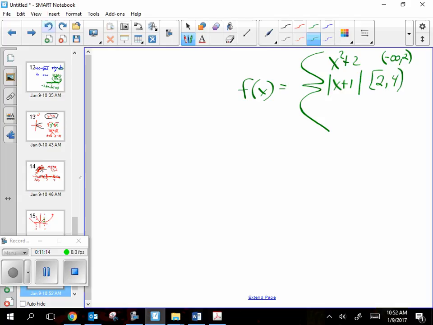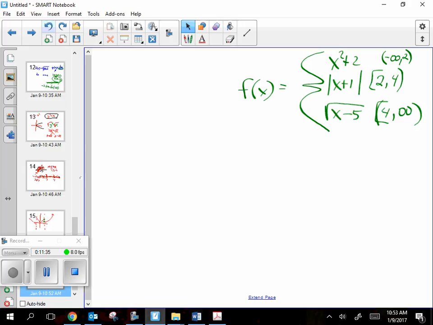And let's say it's square root of x plus 7. No, let's make it minus 5 from 4 to infinity. I'd like you to sketch what you think that looks like.